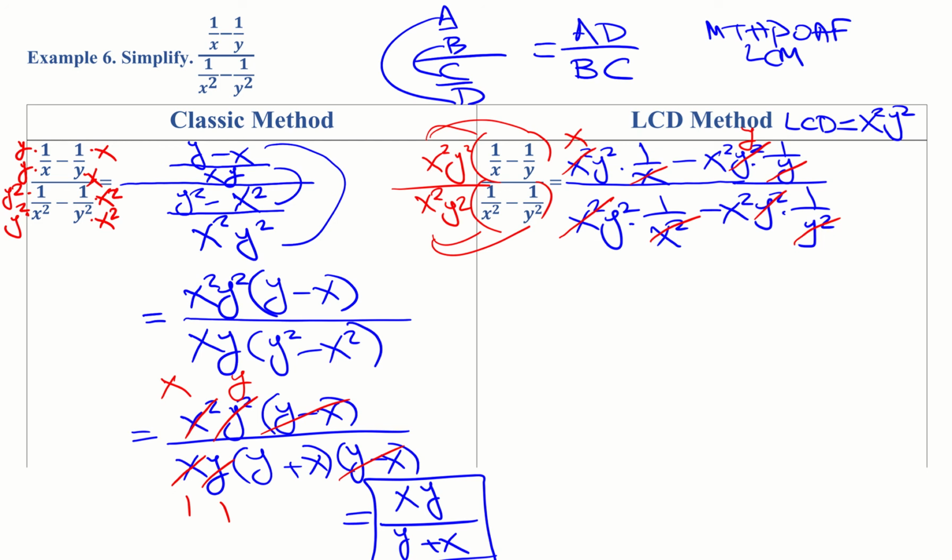So now we're left with, be careful not to leave anything behind, xy squared minus x squared y over y squared minus x squared.